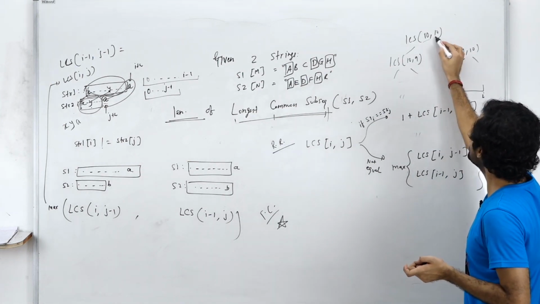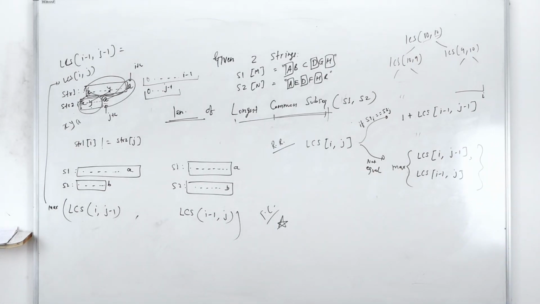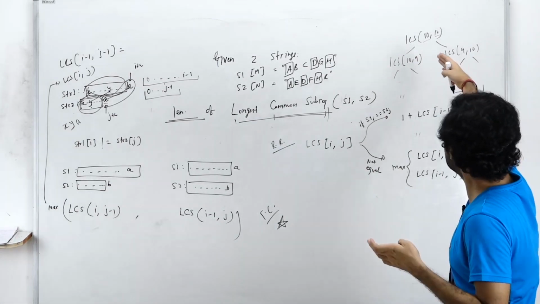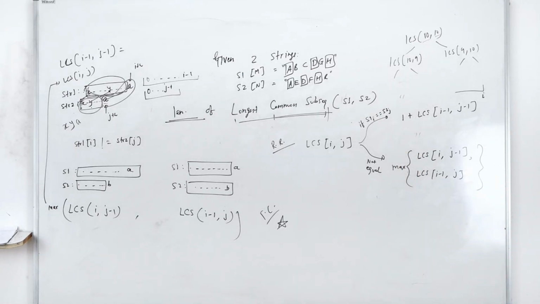Can I say that the value of I comma j will keep on reducing only? Is it ever happening that you make a call to a next function for a higher value of I or a higher value of j? Yes or no? It is never happening. So they are always getting reduced.